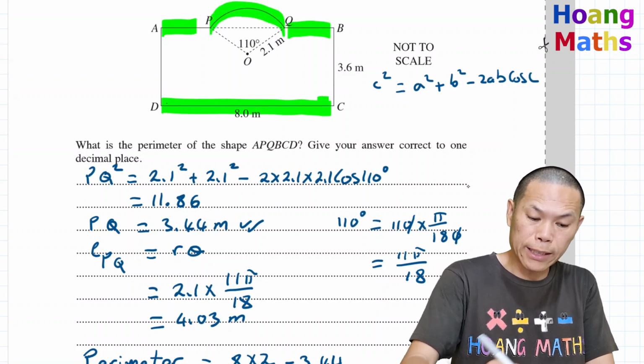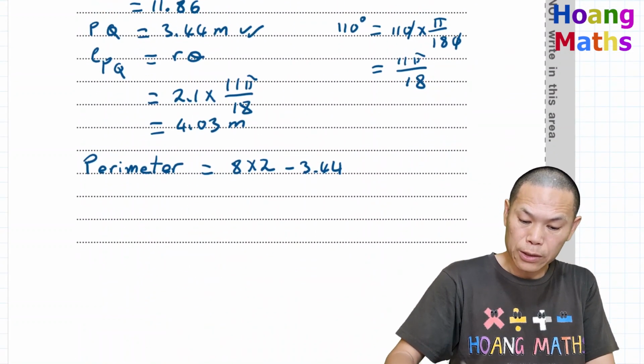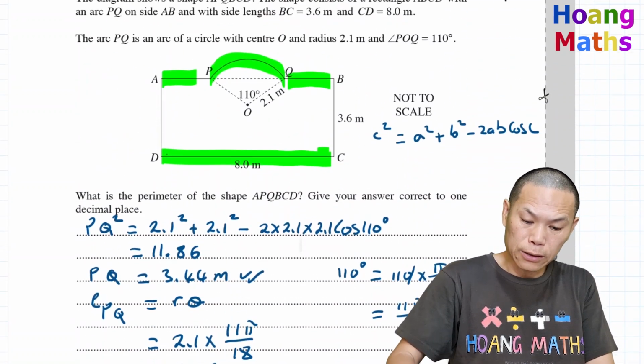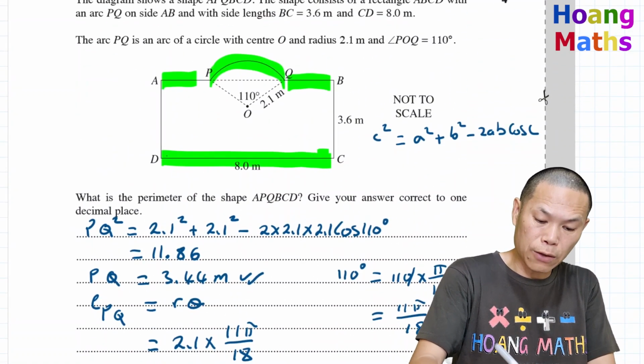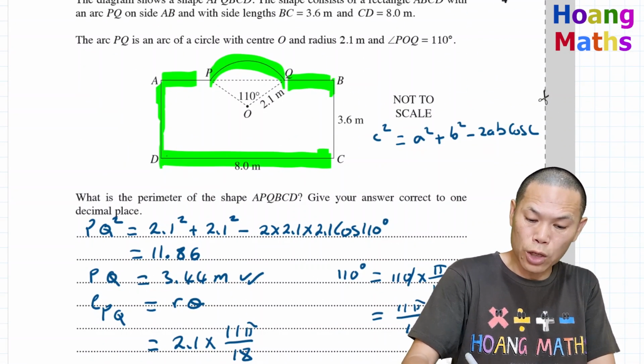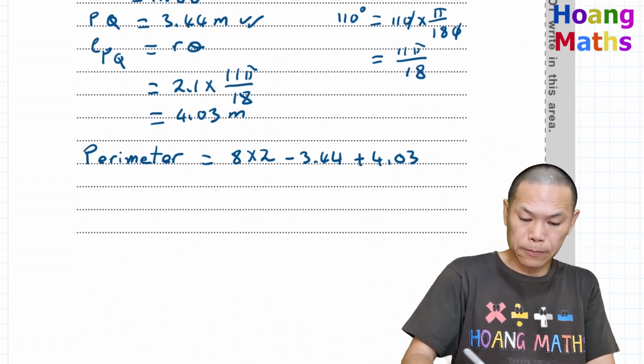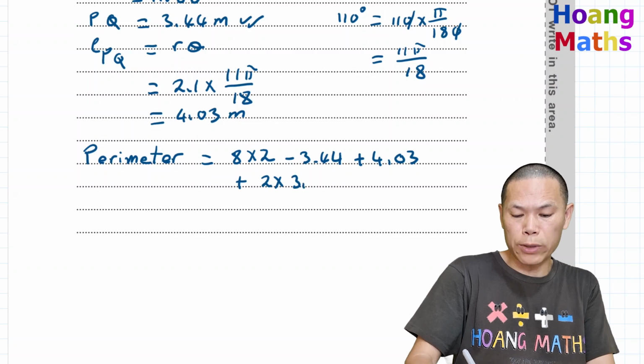Now let me add this. So we add the arc length, 4.03, and that will give me this so far. Then don't forget we add this length, 2 lots of 3.6. Okay, keep that in mind. So we just go add 2 times 3.6.